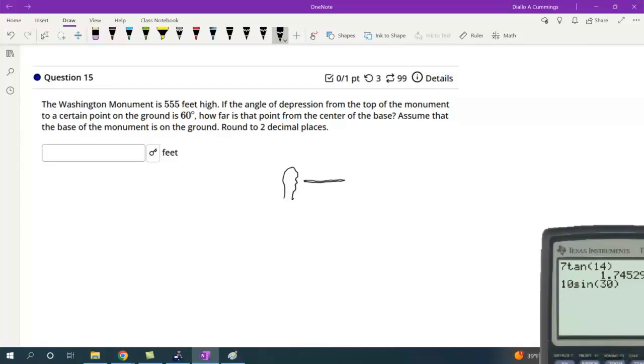It's that line of vision where you're looking exactly straight forward. If you were to turn your head and look up, that is called an angle of elevation.